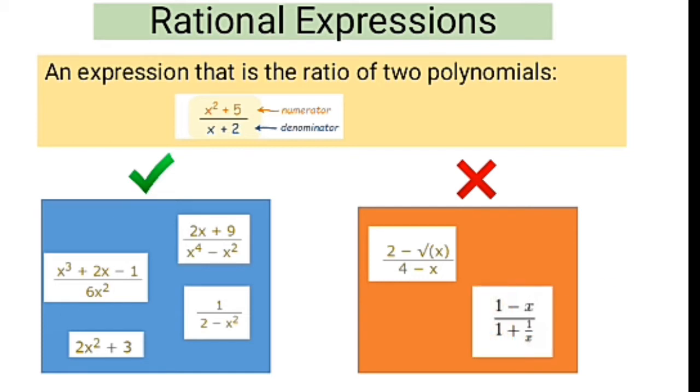Another example is 1 minus x over 1 plus 1 over x. It is also not a rational expression simply because the denominator has a variable in its own denominator. Meaning 1 plus 1 over x is not a polynomial.